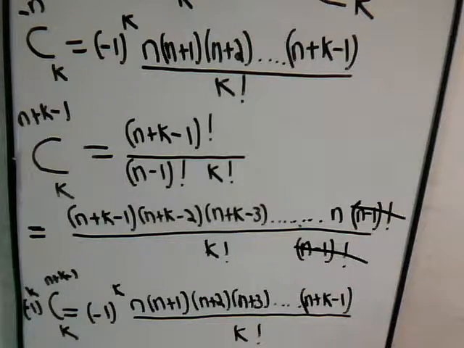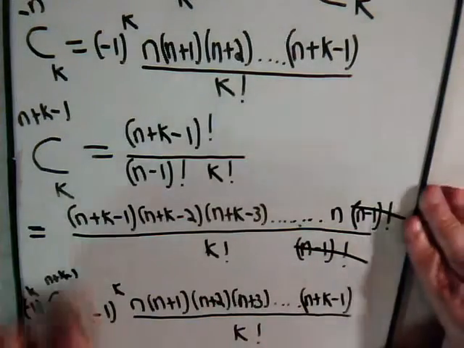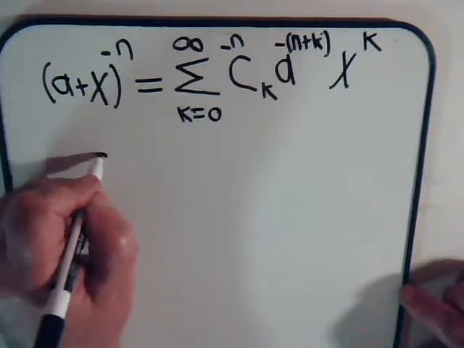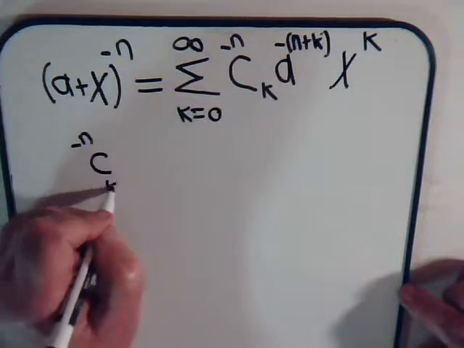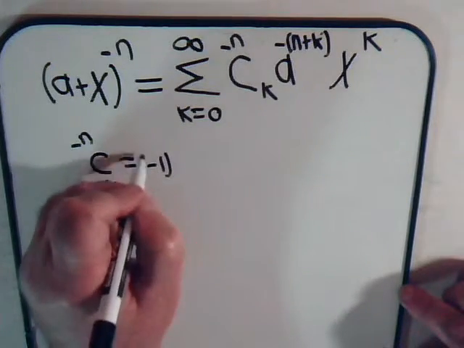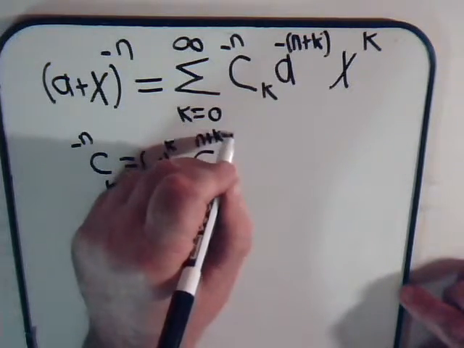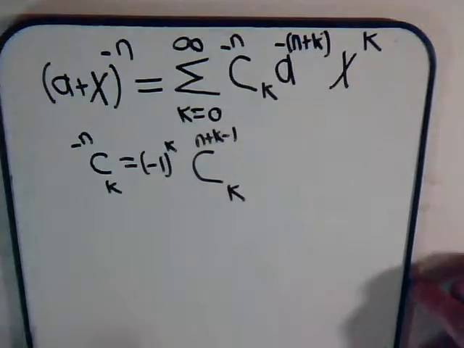So let's erase this and see how we can use this to our advantage. What we have right now is we've shown that c minus nk equals minus 1 to the k c n plus k minus 1 over k.